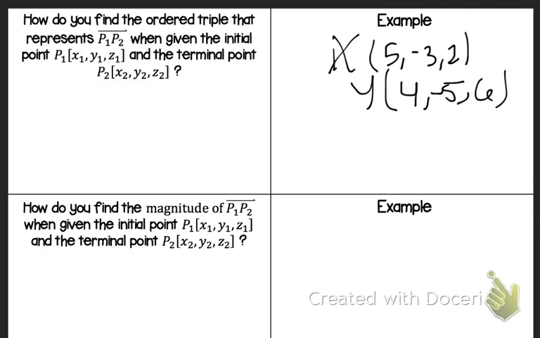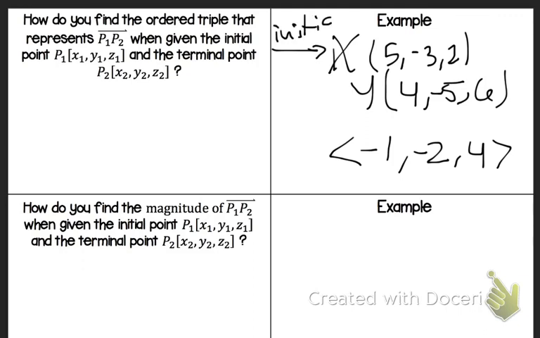So the vector should actually be 4 minus 5, which is -1, -5 minus -3, which comes out to be -2, and then 6 minus 2, which is 4. Okay, so make sure you're doing the terminal subtracted from the initial. So it just ended up changing your signs.